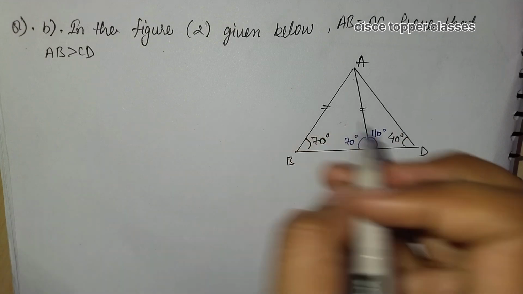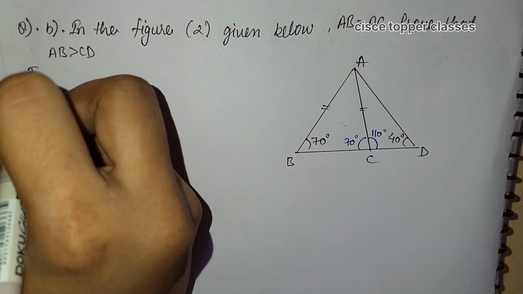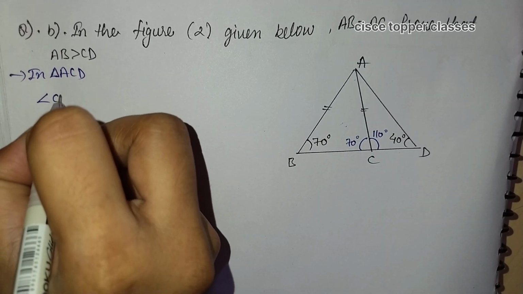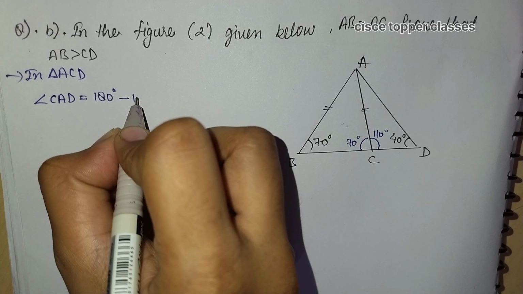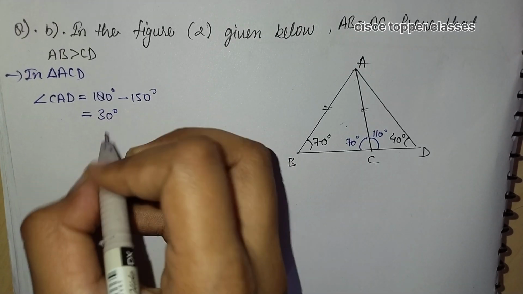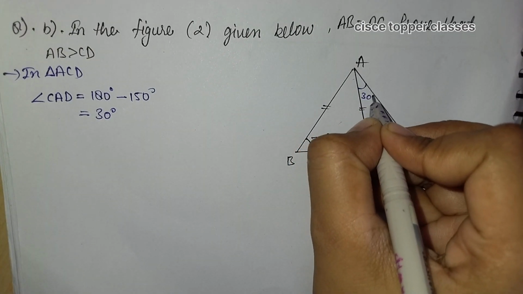So as we have got this, we can find the value of angle CAD from here. So in triangle ACD, we can find here angle CAD equal to 180 degree minus 150 degree. So this will be 30 degree. So angle CAD is equal to 30 degree from here.